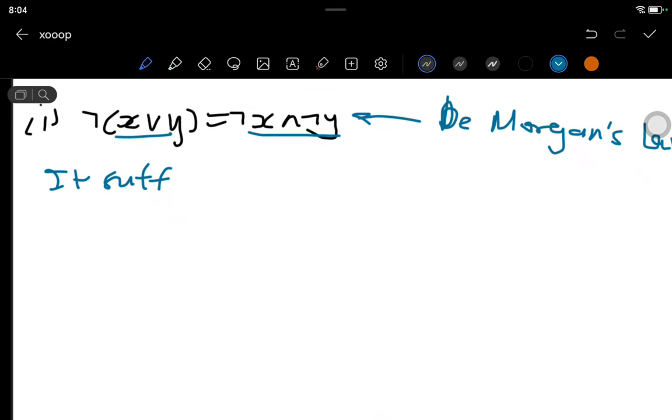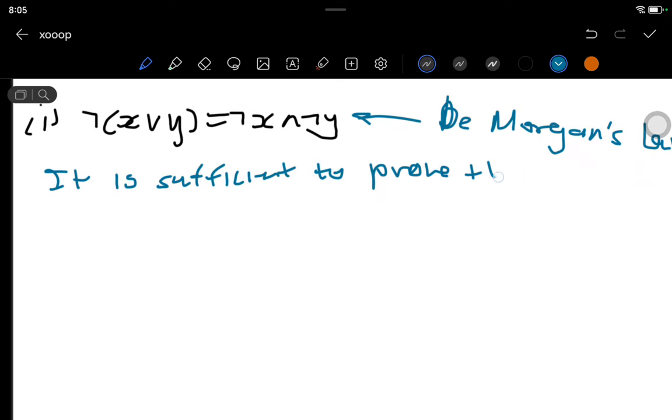Remember, when it's and, we prove that it equals 0. Then if it's or, we prove that it equals 1. Always, if you are told to prove a law, you're going to say it is sufficient to prove that I take this inside and this one.